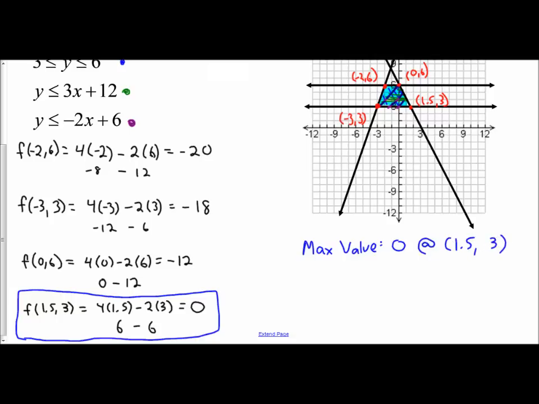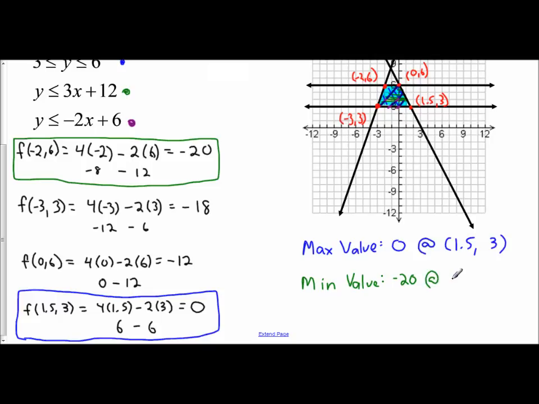And I also want to know the minimum value. And so I see -12, -18, -20. Well, -20 is the smallest value. And so my minimum value is -20. And that occurred at the coordinate -2, 6.